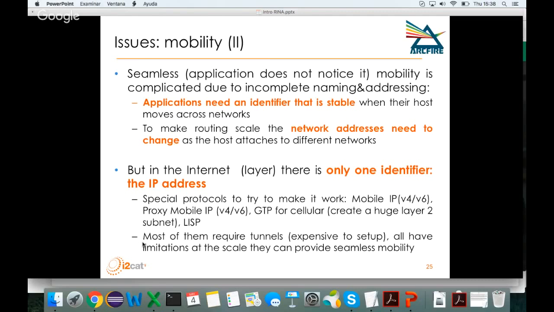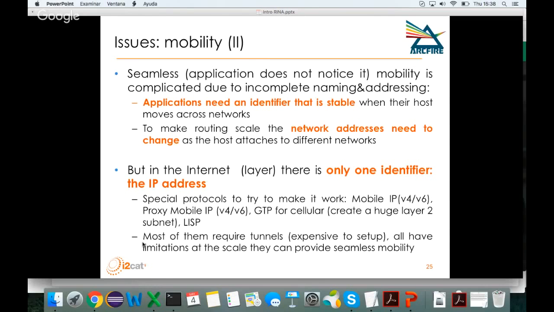The other problem is that to make routing scale, network addresses need to change as the host attaches to different networks, because otherwise you need to keep all sorts of home addresses and tunnels and so on to be able to keep the connectivity.